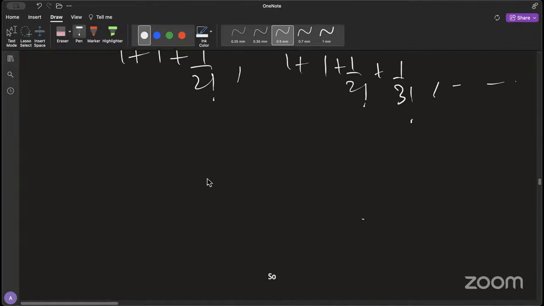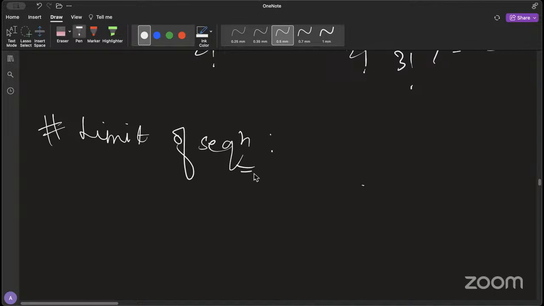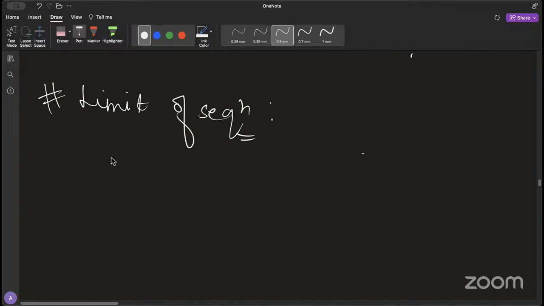Then moving on, we have some rules for limits of sequences. Let's say you have an, and an converges to a, and let's say bn converges to b.